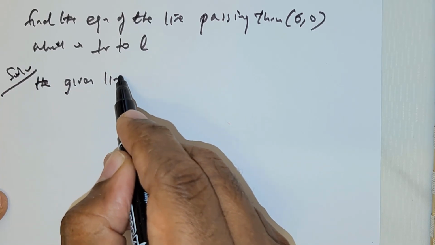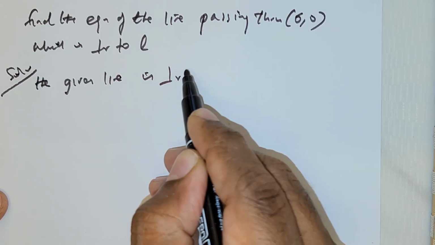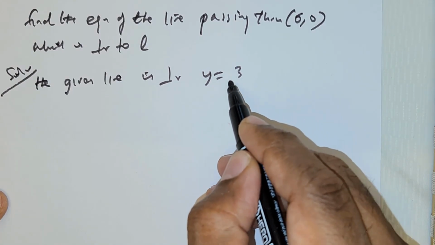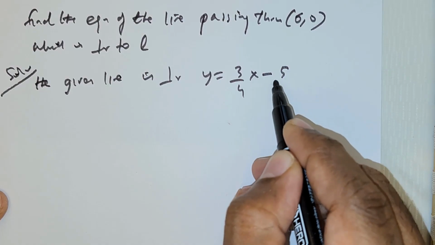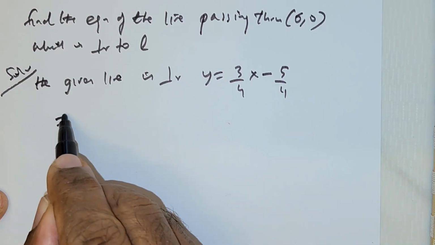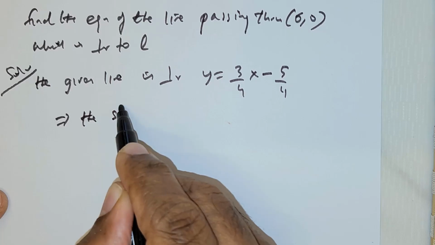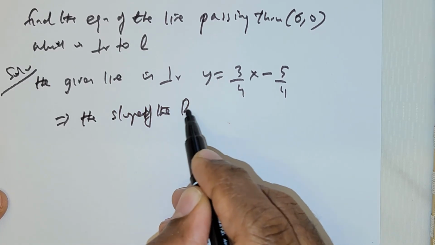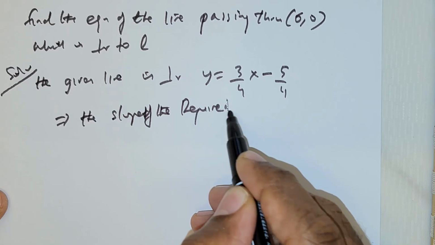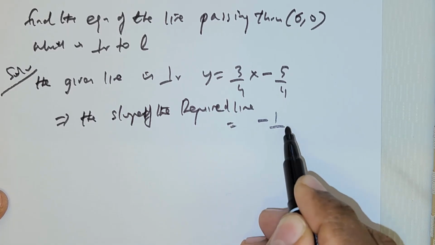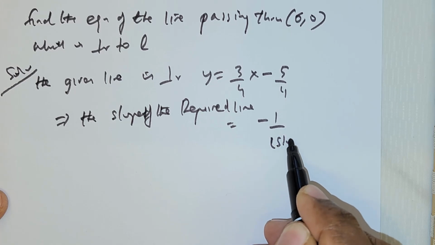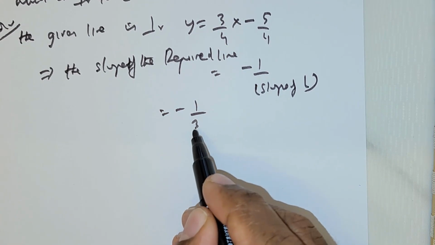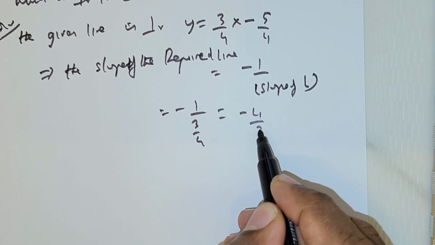Now this is the solution. The given line is y = 3/4 x - 5/4, and the required line is perpendicular to it. So this means the slope of the required line is equal to -1 over the slope of L, which is -1 over 3/4, which is nothing but -4/3.